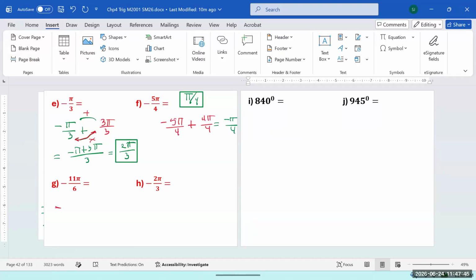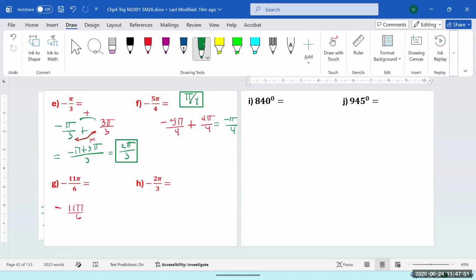So you're going to add 12 pi over 6, which is 2 pi. So how many pi do we have? 1 pi over 6. And it's already positive, so we don't have to worry about the negative sign. That's our angle.